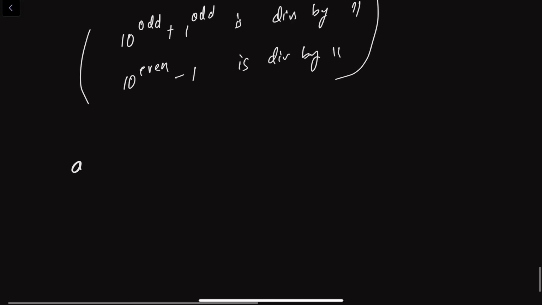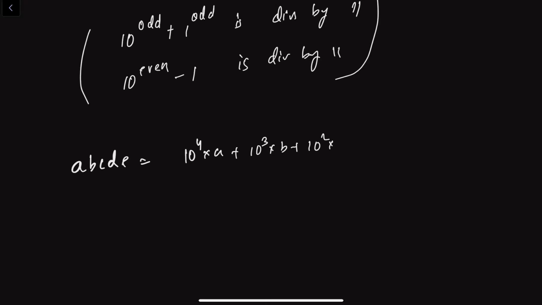So if we consider a five-digit number abcde, we write it as 10 to the power 4 times a plus 10 cube times b plus 10 square times c plus 10 times d plus e.